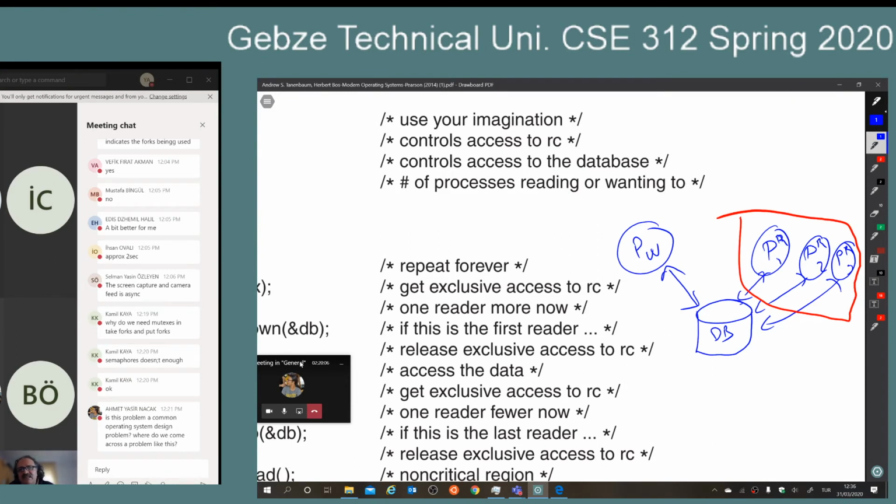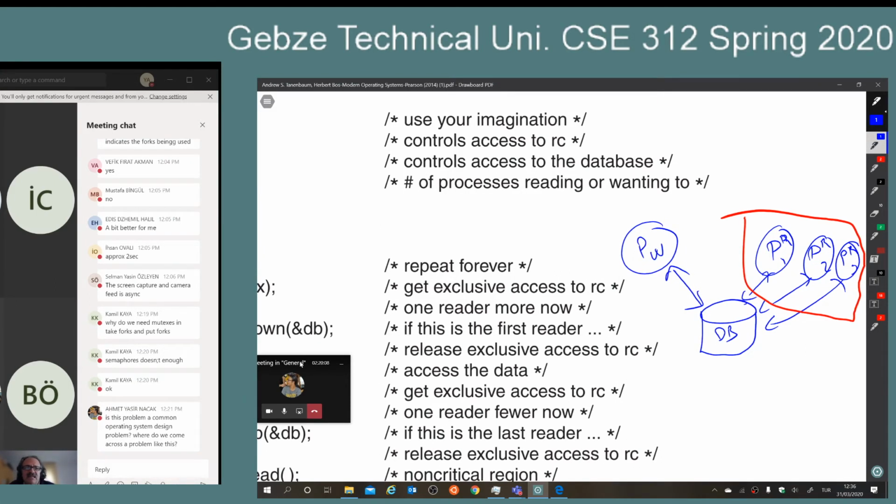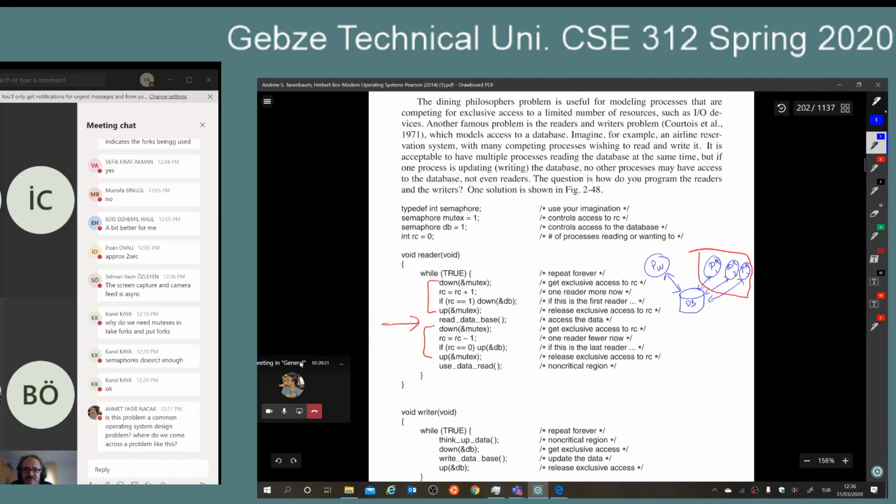But if there is one single writer, nobody else is allowed. So you should do your locking mechanism this way.